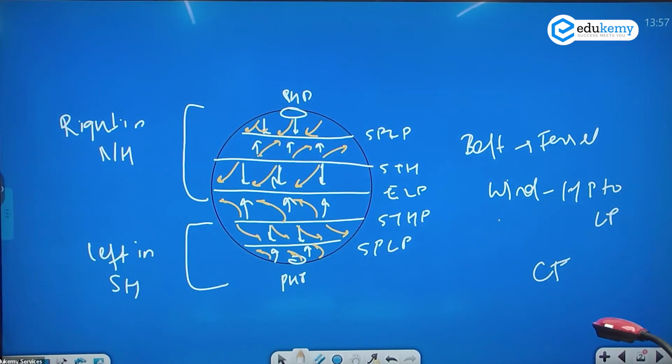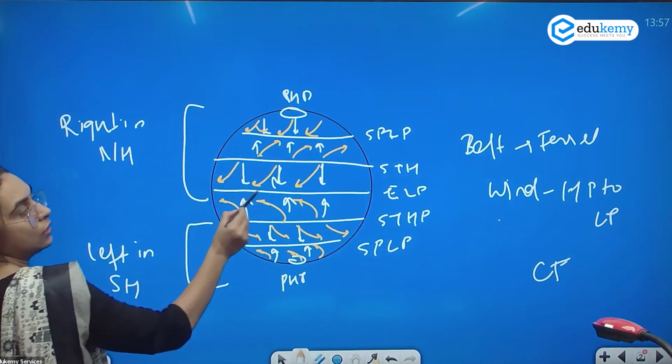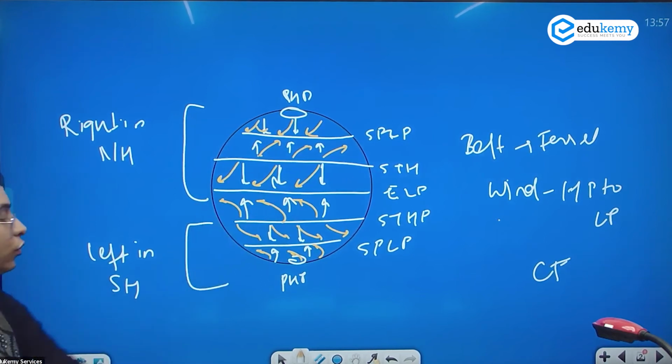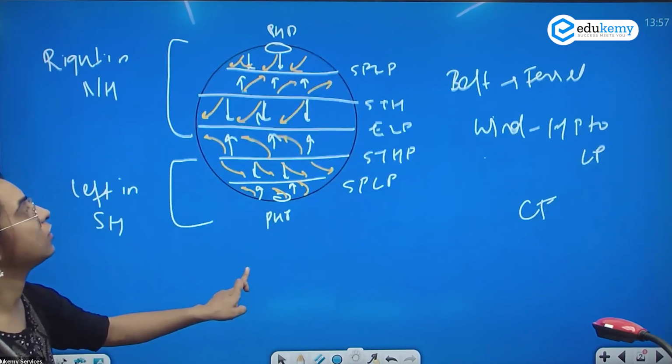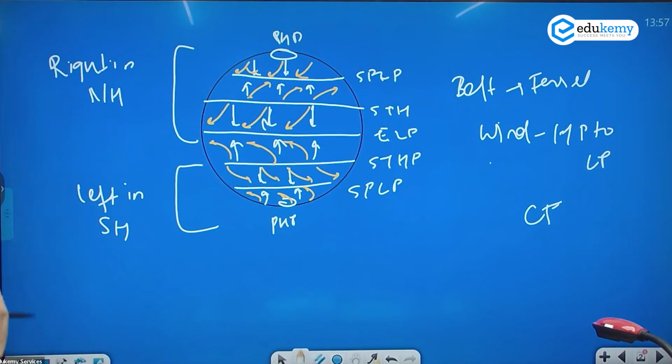And therefore, Ferrell could explain what? He could explain the trade winds. Trade winds kaise move hoti hai? Trade winds are easterlies, right?